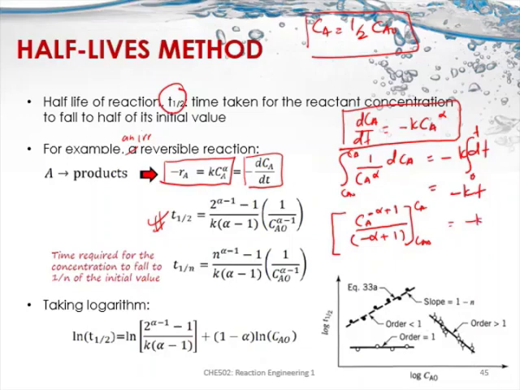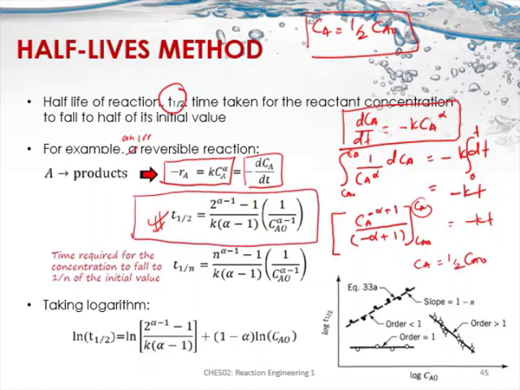The right hand side we already solved. So you need to solve this equation, and at the end replace t with t half. Then your Ca here is equal to half of Ca naught, and at the end you should get this equation.